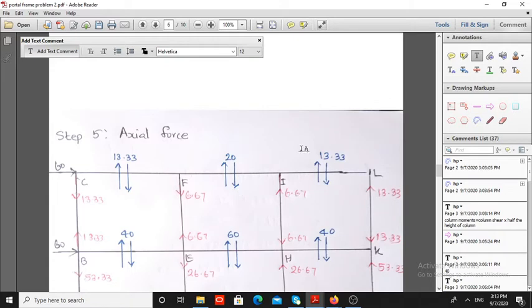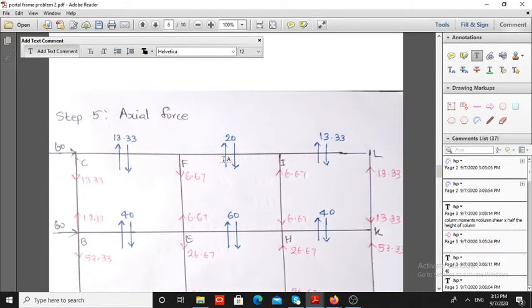Next, from the beam shear, find the axial force. Here the condition is total upward force equal to total downward force. At the junction, the sum of all the upward forces should be equal to the sum of all the downward forces, or sigma Fy equal to 0. So this beam shear is 13.33. So at this junction, the axial force in the column is 13.33.